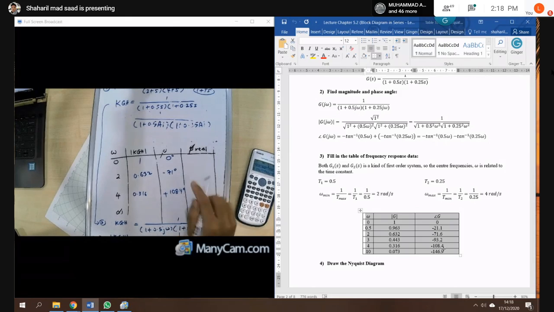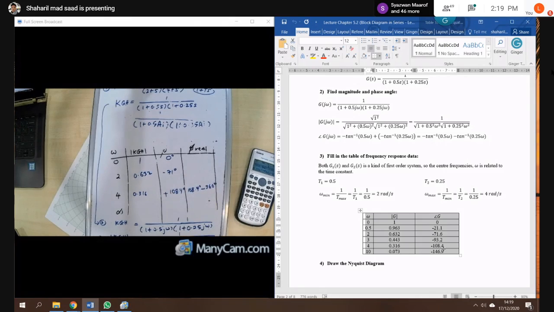So this one you need to minus 360 degrees, so that we can get it negative.